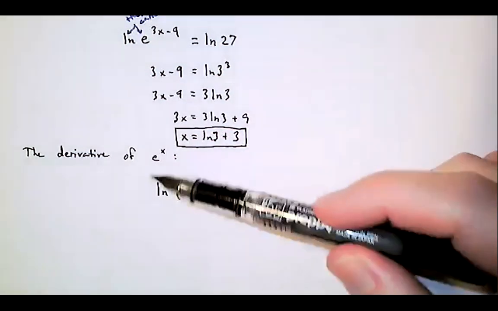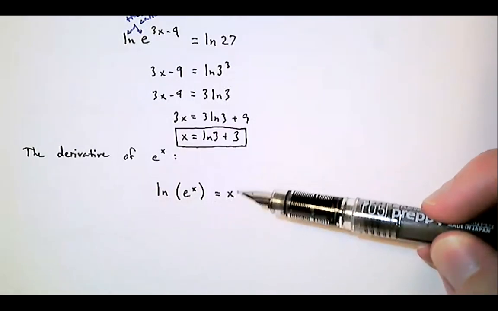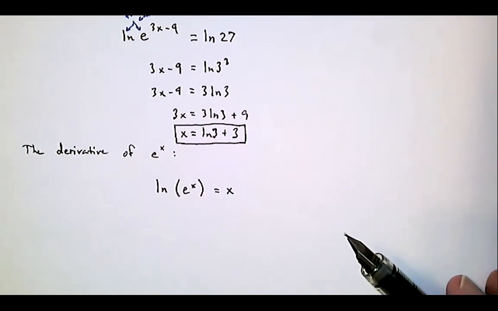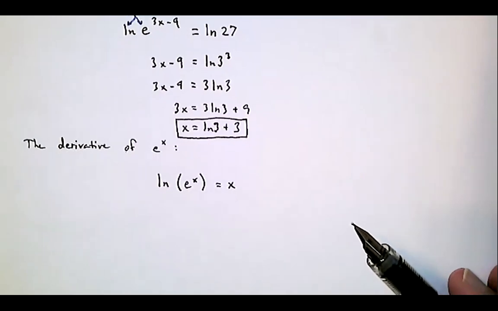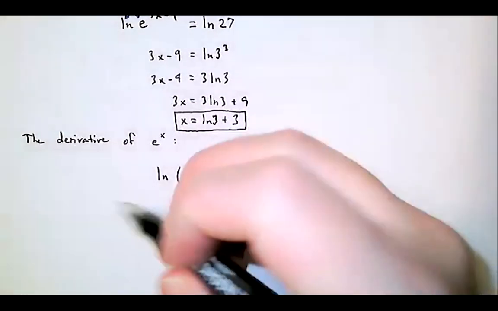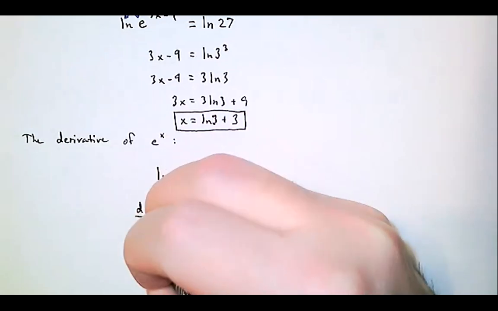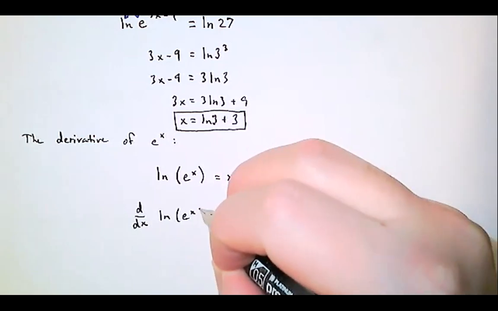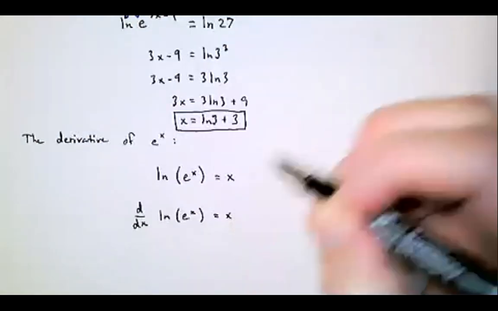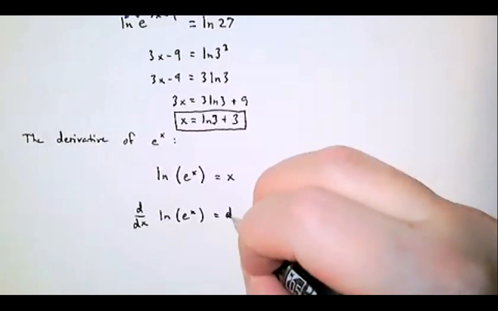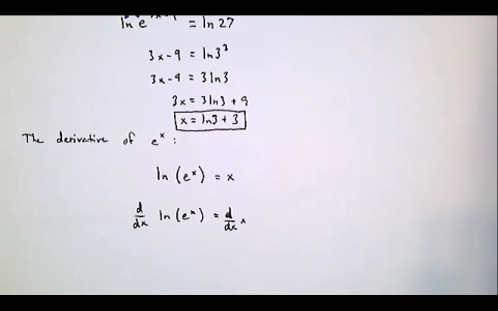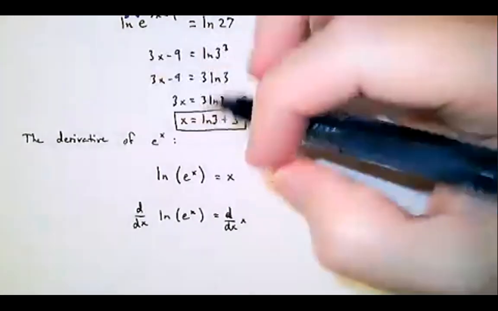But now we're actually able to take the derivative of both sides of this equation, and that is going to be what lets us find the derivative of e to the x. Derivative of x, of course. So on the left side, we're going to have to use the chain rule.